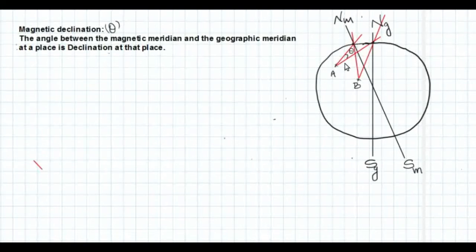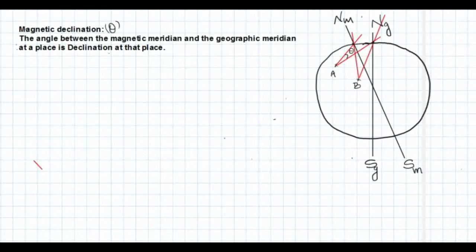And here you can see that for the case of A, the angle theta is very small compared to that at B. Or in other words, if we move towards the equator, this angle theta is increasing. The magnetic declination increases as we move towards equator.